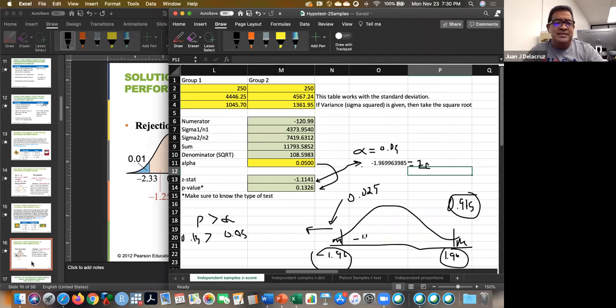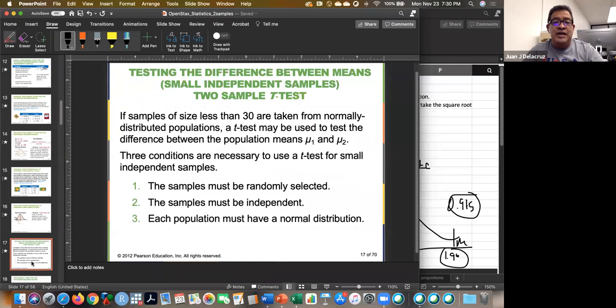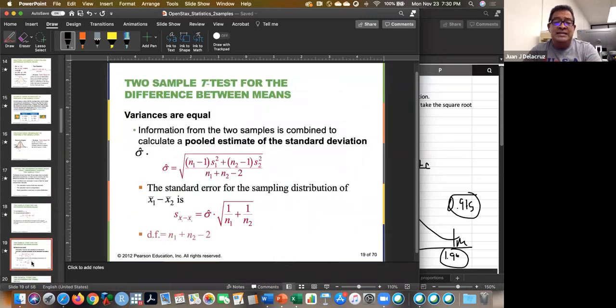We end at 7:30. So in the next couple of days, we are going to be doing this testing the difference between the means when the samples are small. And this is kind of long. I recommend you take a look at the slides before we do the class so we can get some familiarity with this.